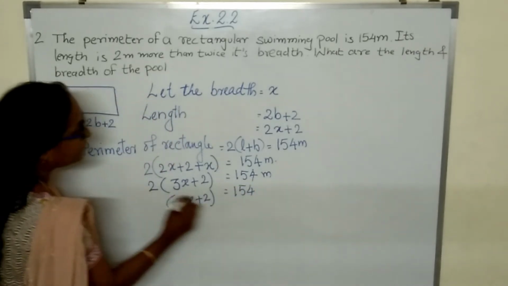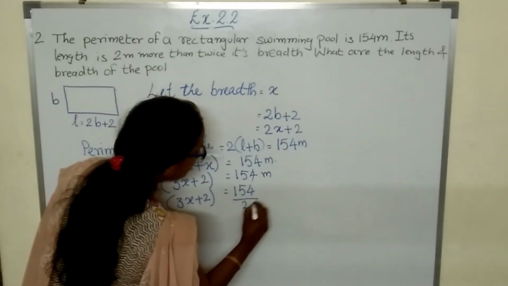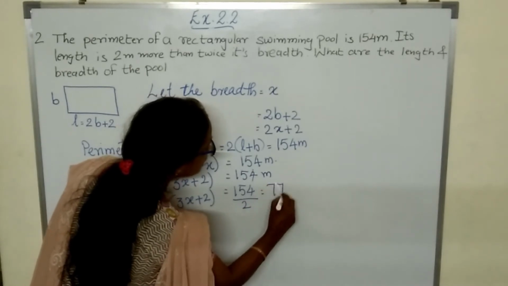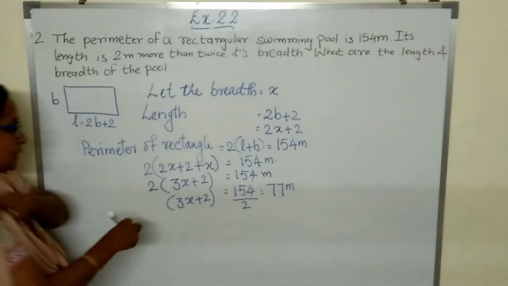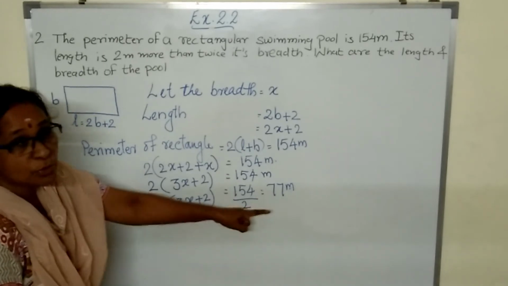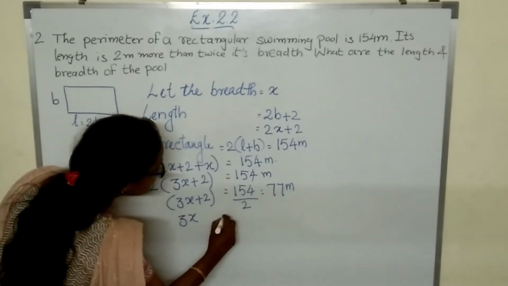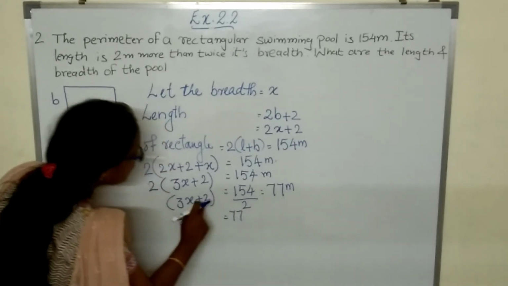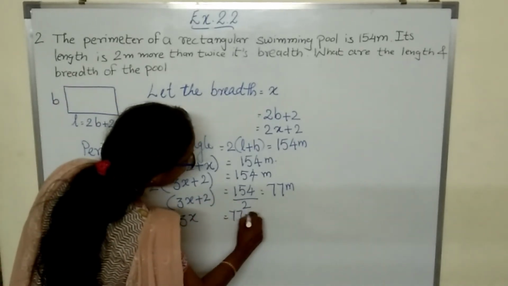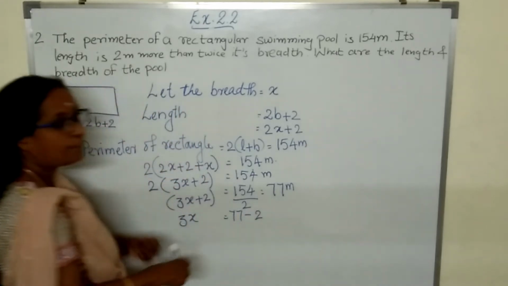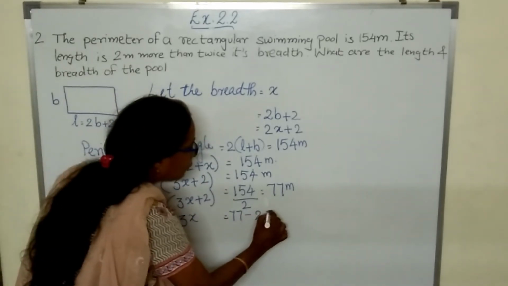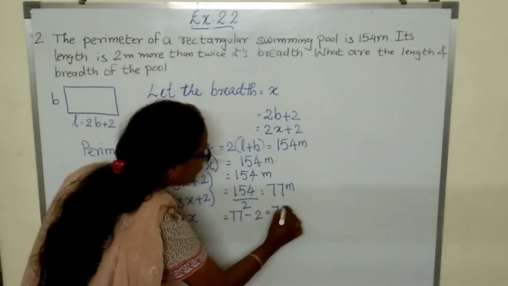This is multiplied by, so it will become divided by. So 3x plus 2 is equal to 77 meter. So what will be 3x? 3x is equal to 77, and 2 will go here and become minus 2, which is equal to 75.